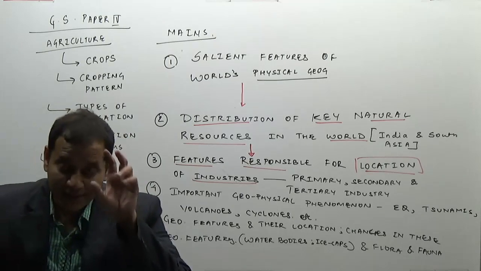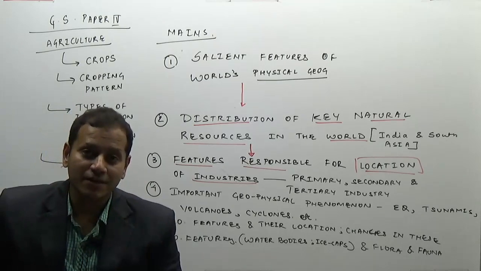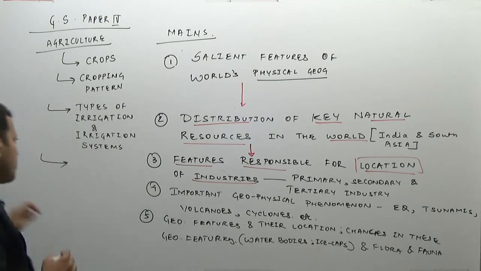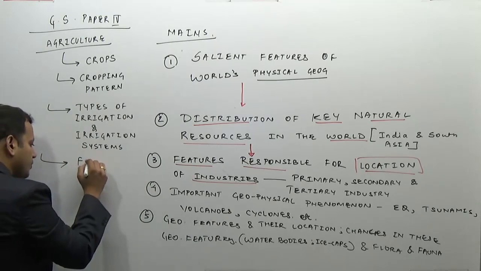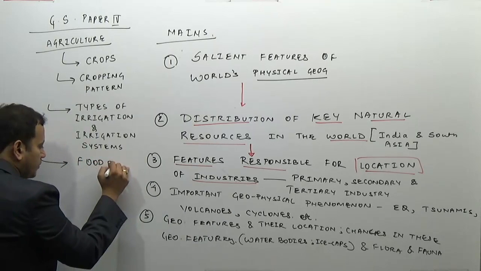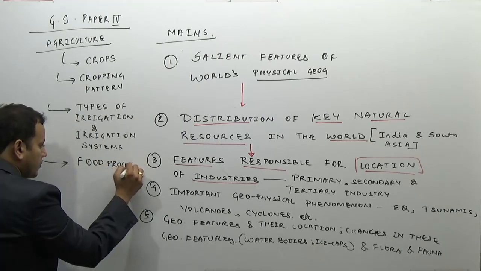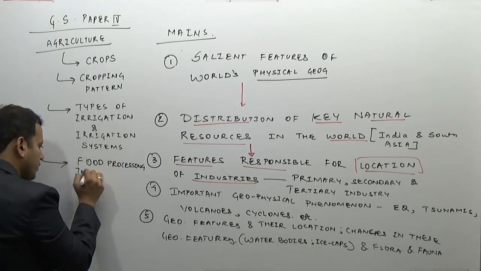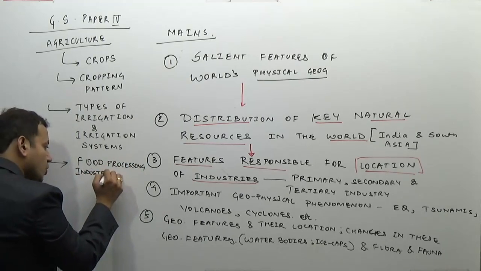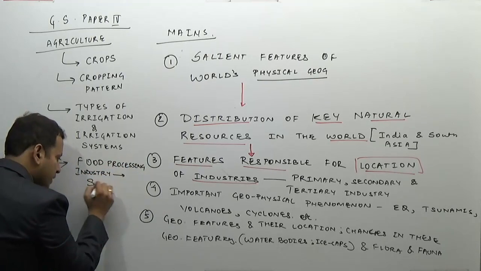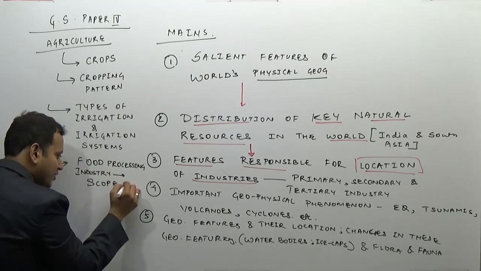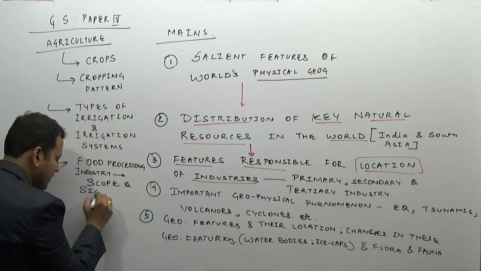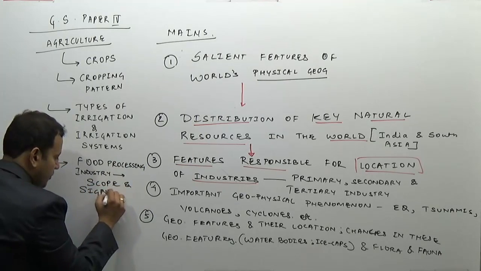Then, related to cropping, which is the industry? Industry is the food processing industry in India. What is the scope of the food processing industry, and what is the significance or importance of this food processing industry?